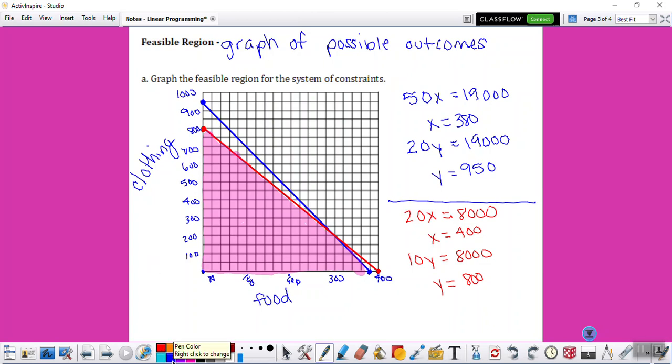So everything in that pink area is my feasible region. So those are the amounts of containers we could send to Florida.